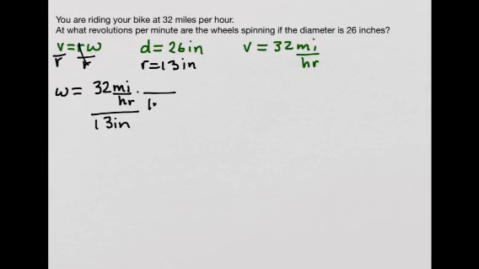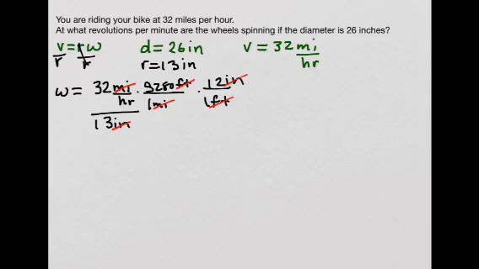So 1 mile is 5,280 feet, and 1 foot, 12 inches. So with that, I can cancel miles, miles, feet, feet, and inches, inches. Okay?